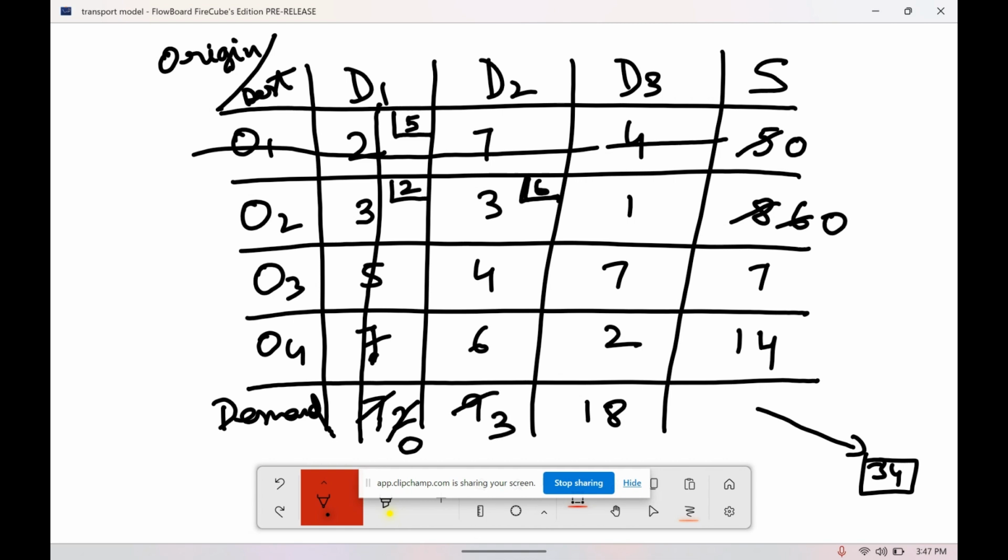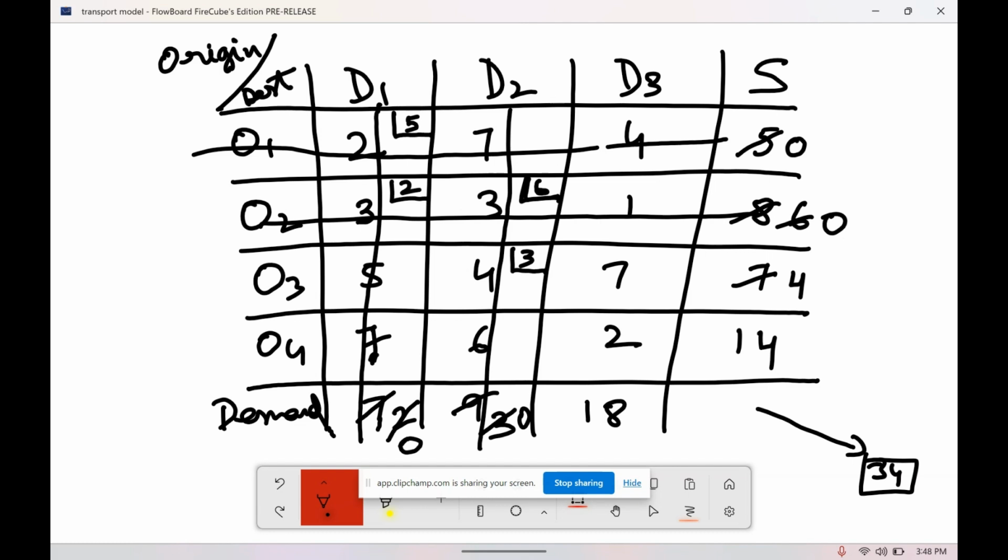And as I told you, the rule is once supply is 0, nothing can go from this path, so we will delete this also. Now what is left? Northwest 4. Between 3 and 7, what can go? 3 can go. So we write here 3 and make it 0, and 7 minus 3 is 4. So 0 we have to cut it as I have told you. So this is also gone.